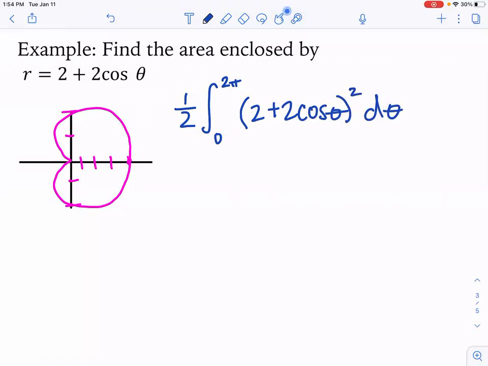Now, do we have symmetry happening in this graph? From 0 to pi, it's the same as from pi to 2 pi. So you could always go from 0 to pi and double it if you wanted to. Which would you prefer?